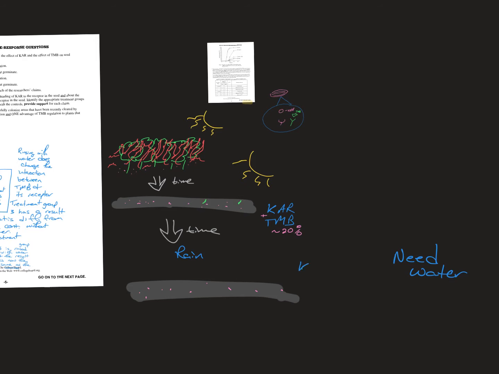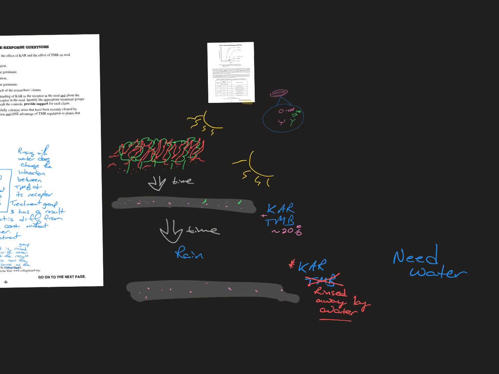The CAR stays. The CAR binds. It's going to stay bound. What's going to happen to the TMB? Well, I hope you're saying that the TMB is going to get rinsed away by the water. And because the TMB is rinsed away by the water, the only thing left at this point is CAR.